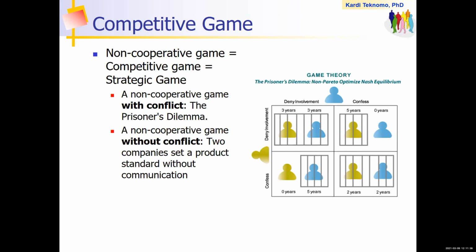So even if you are competing with another company, you can still make cooperation within that competition, which is by setting a standard together.